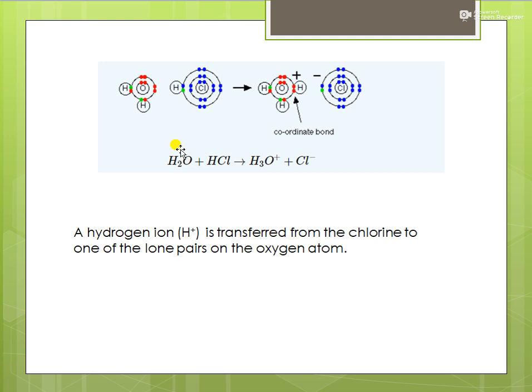Here you can see a water molecule, and the octet is already maintained by the water molecule, but when it reacts with HCl, a proton comes and gets coordinately linked to the water molecule to form the hydronium ion. In such cases, the proton is taking or sharing the electrons of the oxygen. The proton is not contributing any electron, but it is the water molecule's oxygen which is giving the electrons to this proton. So this is the case of hydronium ions.